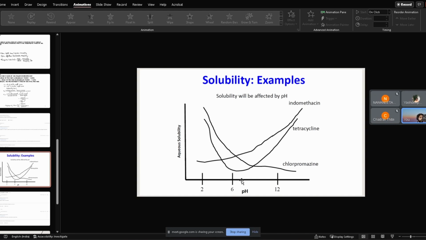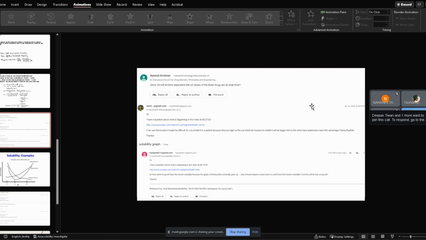If I were to look at pH 6, then tetracycline has the lowest solubility at that pH, followed by indomethacin and followed by chlorpromazine. But if I were to instead look at pH 12, chlorpromazine has the lowest solubility, whereas tetracycline has somewhat medium-level solubility, whereas indomethacin has the highest solubility. So hopefully that answers your question.